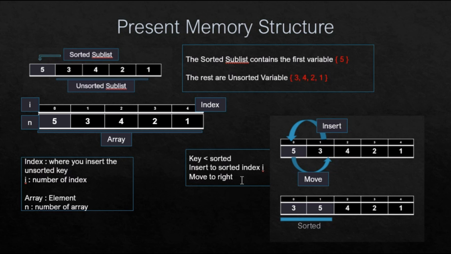And we have this sample kung paano mag-insert ng key element sa sorted part. If key is less than the sorted element, yung 3 at saka 5 is magsuswap. So, yung 3 ma-insert dun sa index 0. And yung 5 mag-move pa-right, which is the index 1. So, this is the result of the sorted elements.